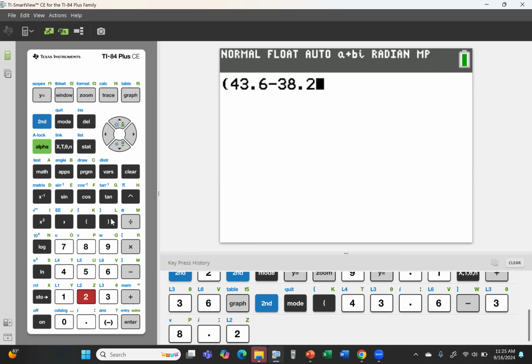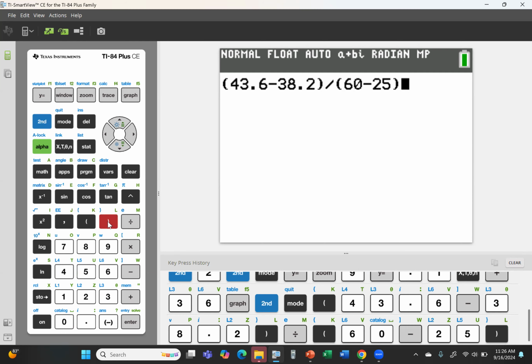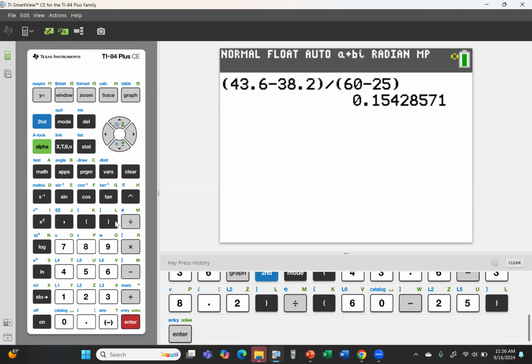I'm going to close those parentheses and I'm going to divide that by, what do I have in the denominator? 60 minus 25. And I do need to put both numerator and denominator in parentheses. Otherwise, your calculator doesn't understand that it needs to take that difference in the numerator, that difference in the denominator, and then divide them.